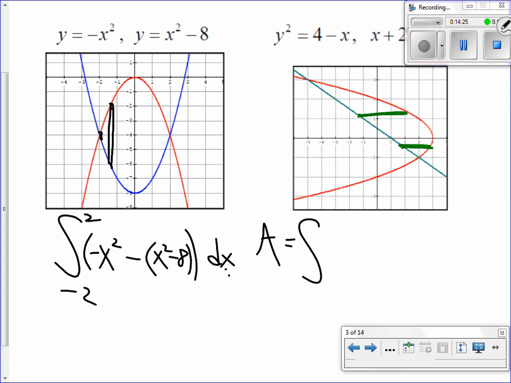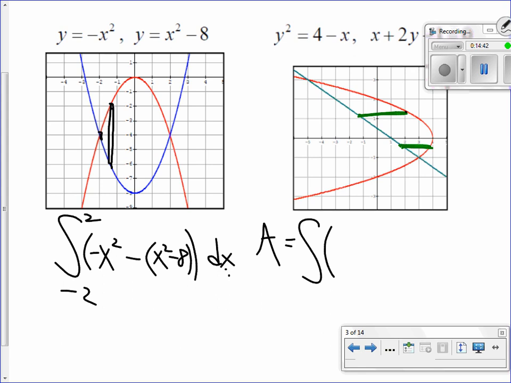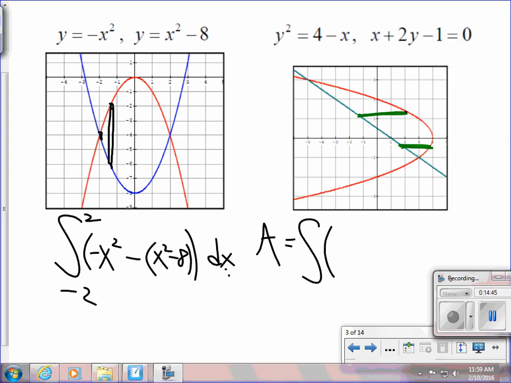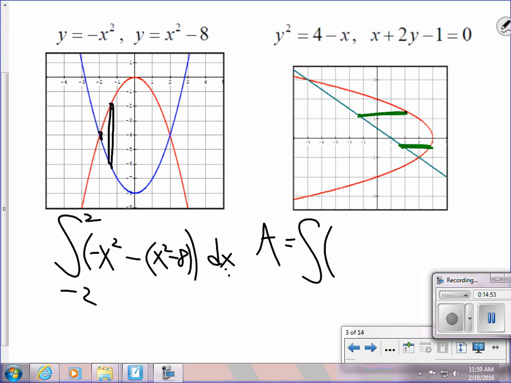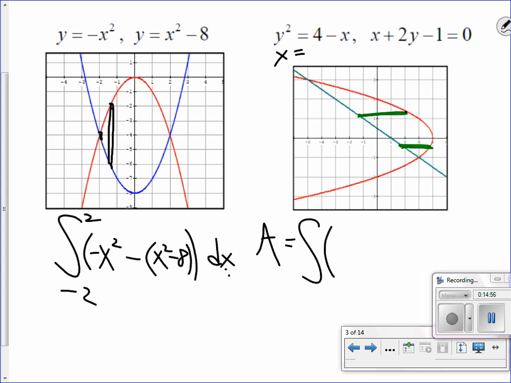How do I get the height, the long dimension of a horizontal strip? Well, before I do x equal, what is it in general? x right minus x left. x right is x on the parabola. What does x on the parabola equal? Well, I know what y squared equals. Can you do a little mental math and tell me what the x coordinate on the parabola has to equal? 4 minus y squared?